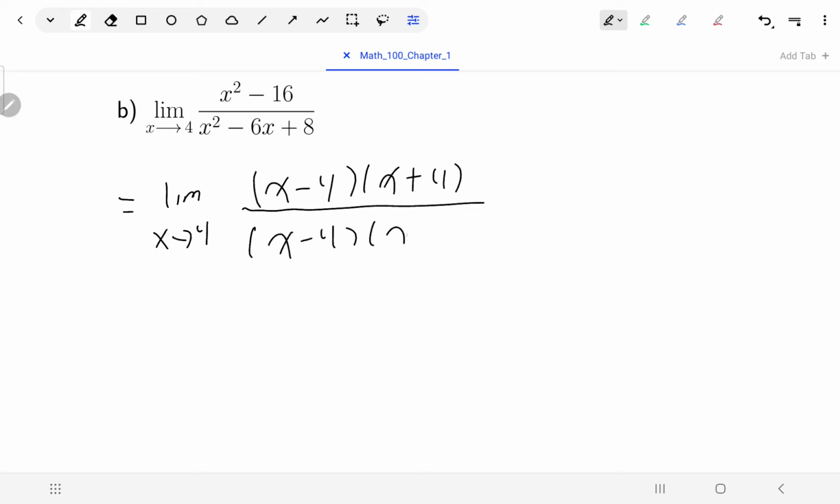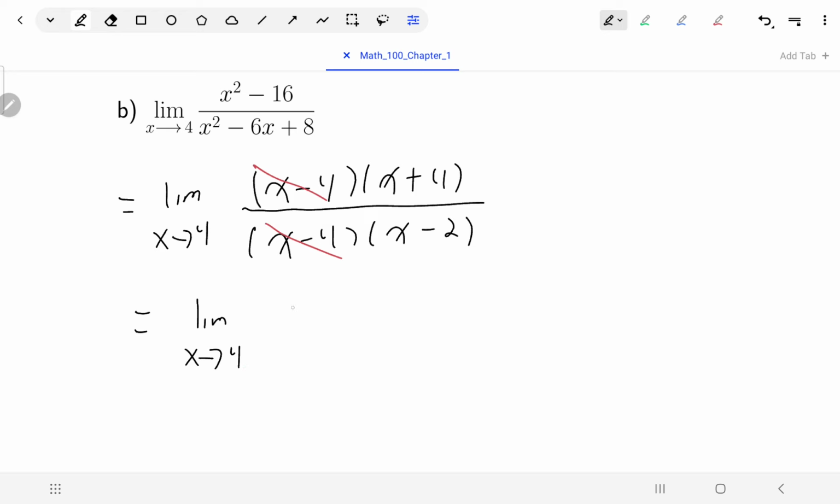And they factor out with an x minus 4 that's in common for both. So again, we don't care that this function is not defined at 4. We're interested in what's near 4, not at 4. So canceling the x minus 4s is not a big deal for us.